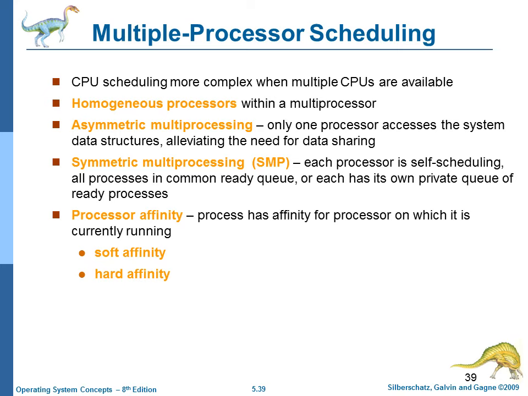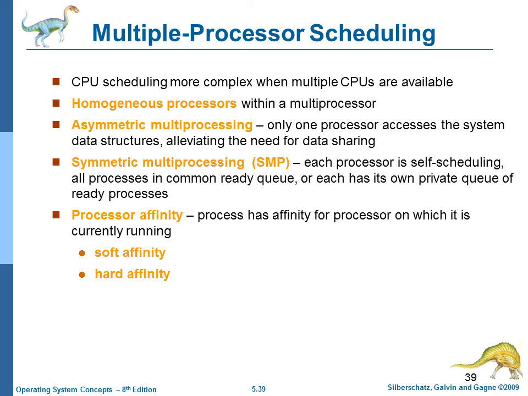Therefore, symmetric multiprocessing systems attempt to keep processes on the same processor via processor affinity. It is called soft affinity when the system attempts to keep processes on the same processor but there is no guarantee.